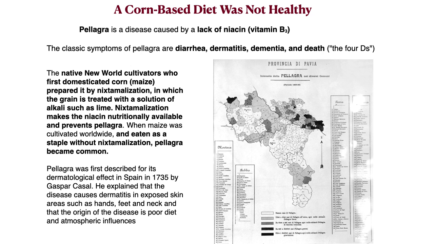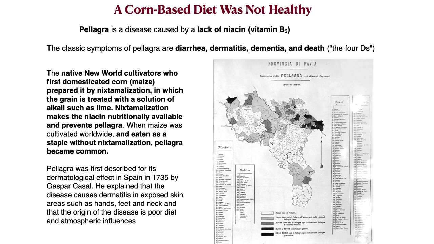There's a map of Pavia in northern Italy with pellagra rates in an earlier period. Problem with pellagra is it's very simple. It's a lack of niacin or vitamin B3, and it just shows how corn consumption would have dominated people's diets because there are many other crops that have niacin.